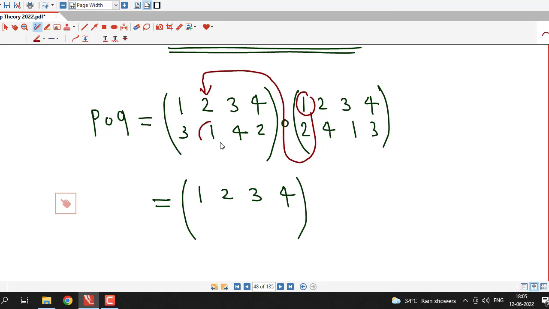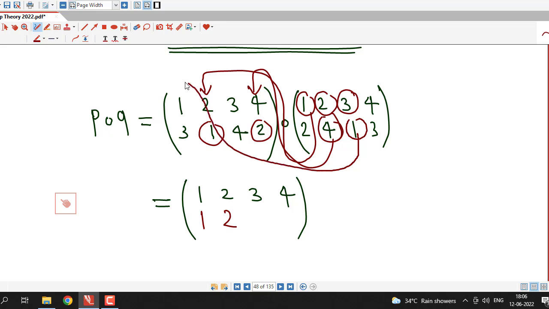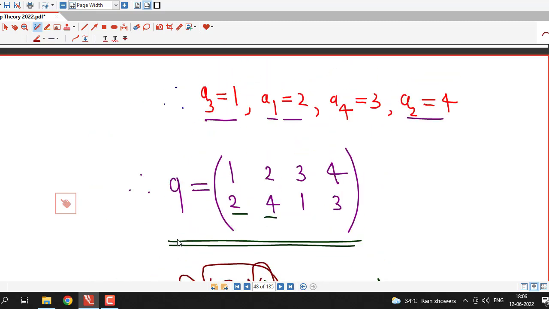Here image of 2 is 1, so here we write 1. Then 2 is going to 4 here, and here 4 is going to 2, so that is 2 here. 3 is going to 1, and 1 is going to 3, so here we write 3. 4 is going to 3 here, and here 3 is going to 4. So this is nothing but identity permutation. So our answer is correct, that this Q is nothing but inverse of given permutation.